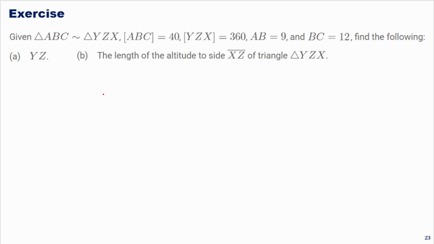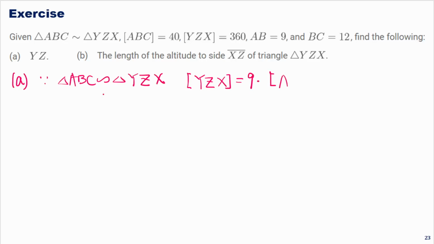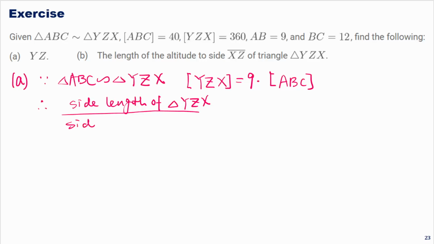Alright, let's have a look at the solution together. First question, since triangle ABC is similar to triangle YZX, and the area of YZX is 9 times the area of triangle ABC, then we know the side length of the triangle YZX over the corresponding side length of triangle ABC equals square root of 9, which is 3, right?